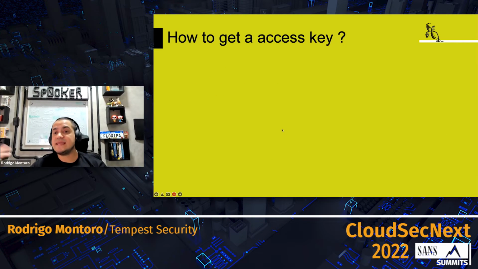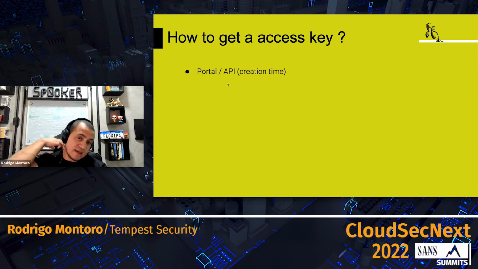And how do you get access to a key? That's the very important part. You could get it at creation time, when you have access to the portal and create a key for a user. You need to save the secret at that time, because if you didn't save the secret, it's not going to show anymore.